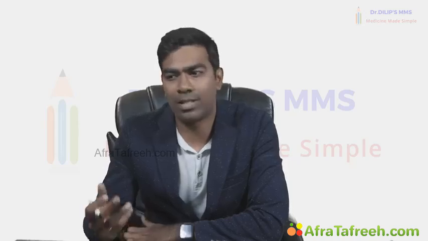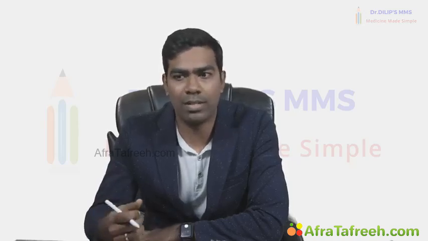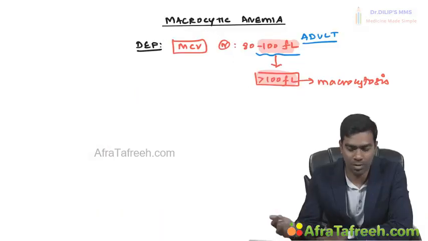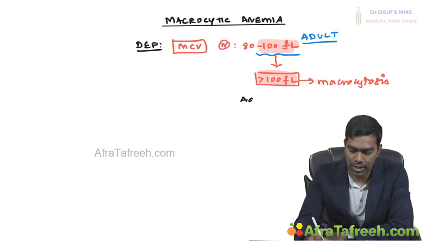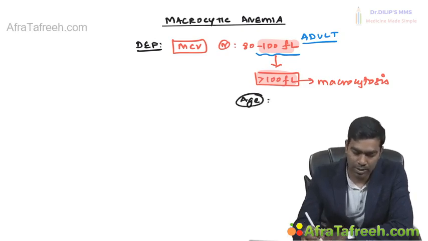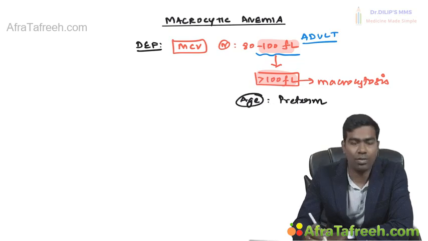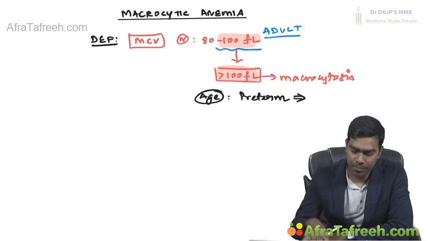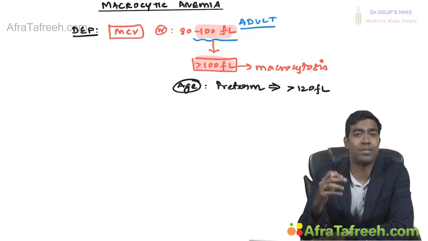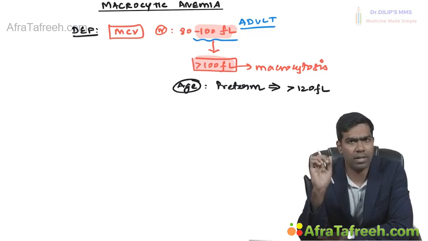But the definition of macrocytosis is a little bit variable according to age group. In newborn and infantile populations, the MCV tends to be a little higher physiologically compared to the adult population, so it can be adjusted to age also. For example, in preterm infants, macrocytosis is said to be more than 120 femtoliters, which means up to 120 femtoliters may be taken as normal.